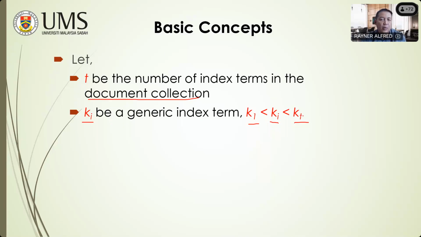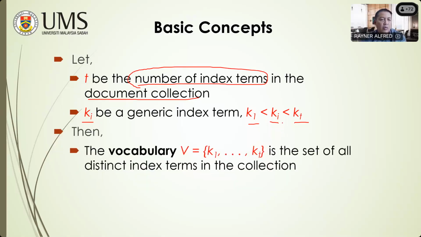Okay, so T will be what? The number of index terms, the number of unique terms that we use in our framework. So if we are referring to k_i, it refers to one of the keywords that we have in our vocabulary.